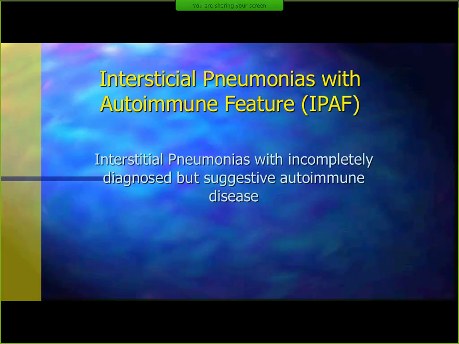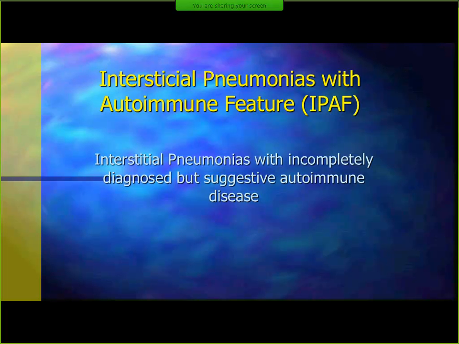Sometimes the patients may have a positive ANA, but not all the features. They don't have a diagnosis of collagen vascular disease, but they have a few features, and then they have this interstitial lung disease, and you end up doing a lung biopsy, and the lung biopsy is supportive of a collagen vascular disease, but the clinical presentation is not fully 100%.